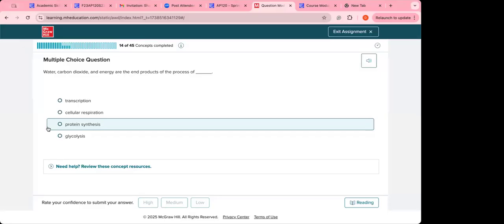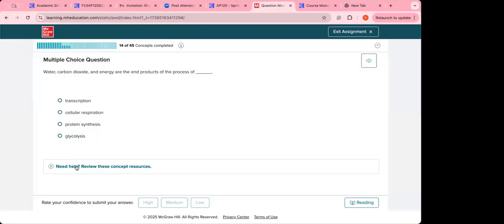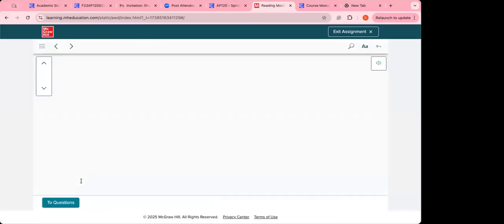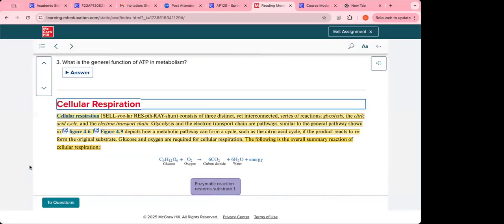It's cellular respiration. You can look at it again and you can see it. Cellular respiration consists of three interconnected processes.